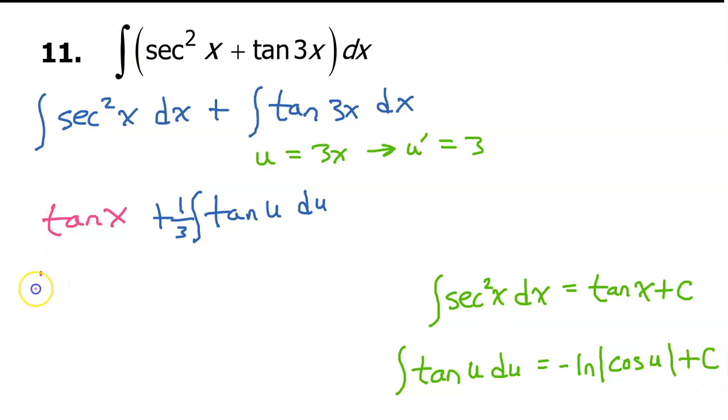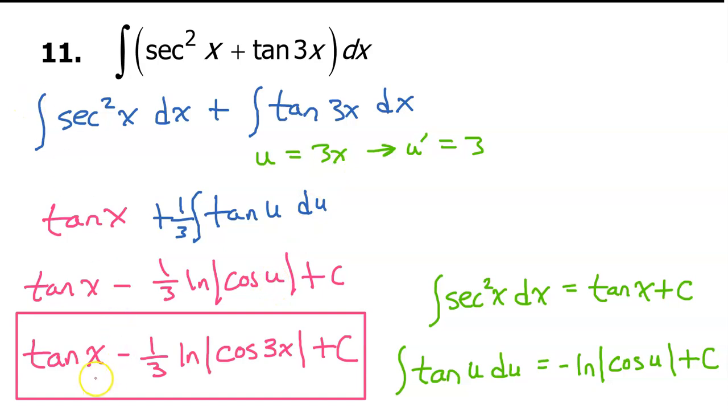So bringing down the tangent x that I have, the negative sign from the rule is going to turn this plus into a minus, and I will have minus 1/3 natural log absolute value of cosine u plus c. Finally, I'm going to substitute the 3x back in for u. And here's your final answer.